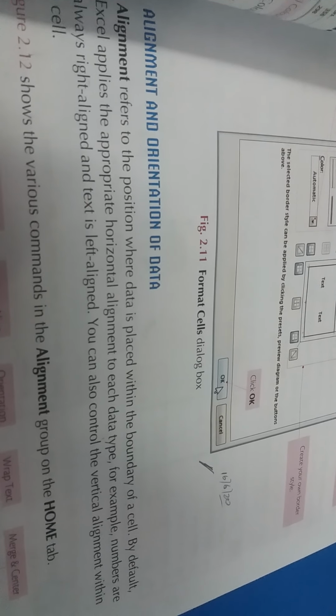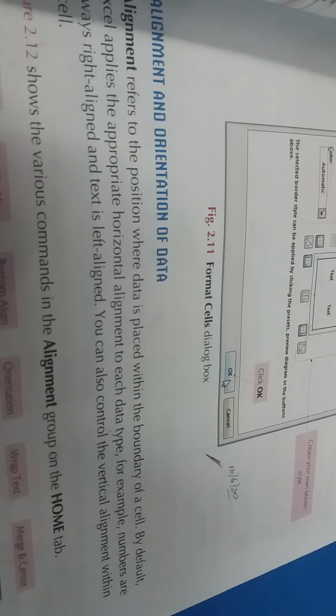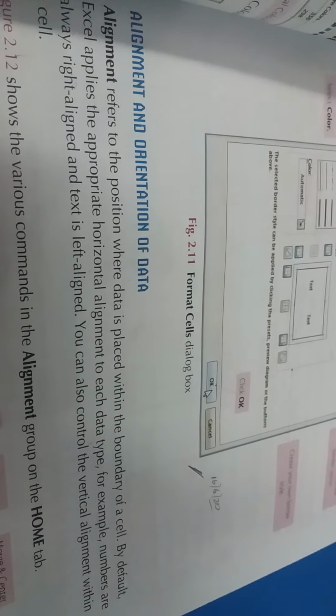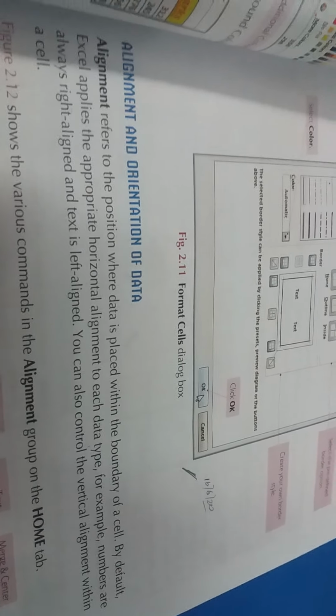By default, Excel applies the appropriate horizontal alignment to each data type. By default means the settings which are set in the computer, or the changes which happen by itself.